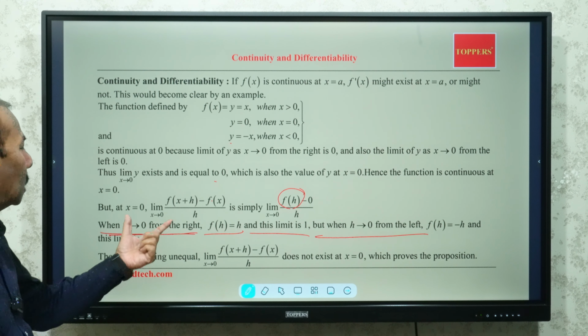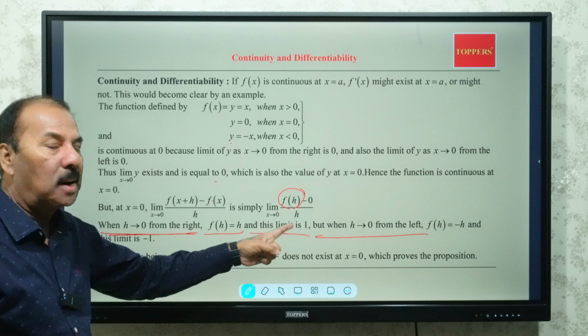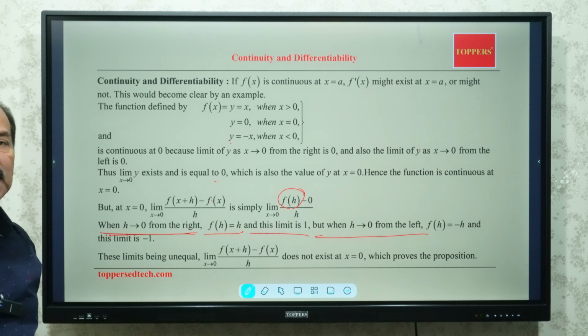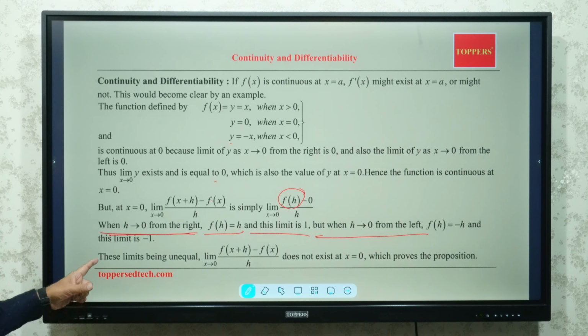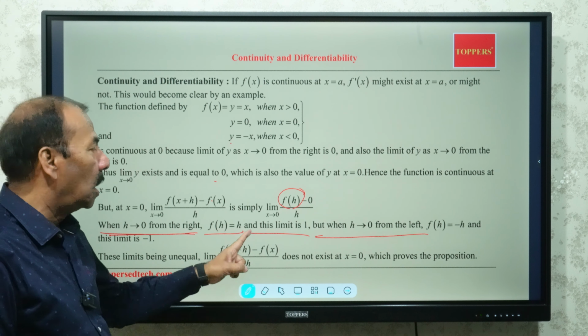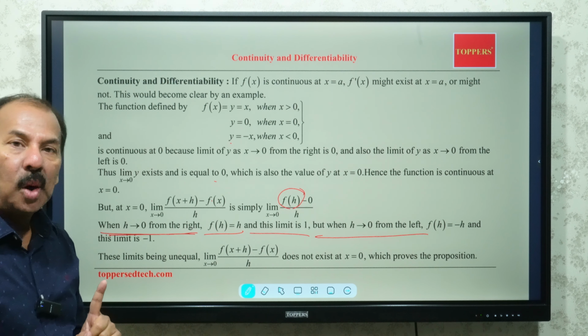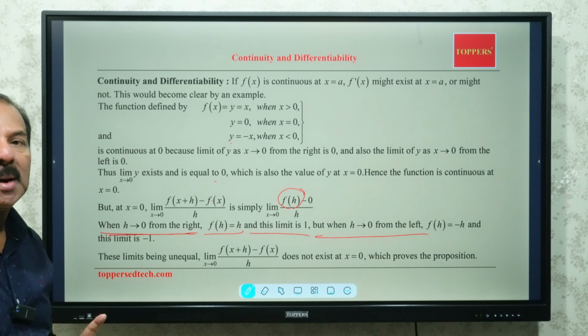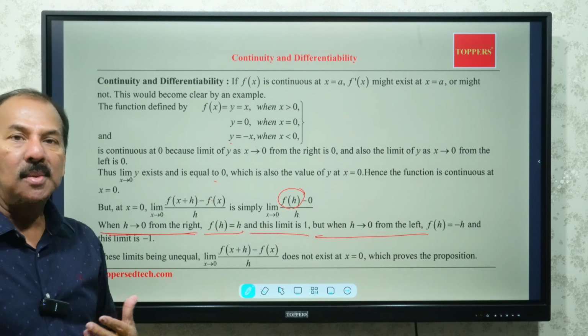So we can see that the right hand derivative is equal to 1, and the left hand derivative is equal to minus 1. That means the right hand derivative and the left hand derivative are not equal. And when they are not equal, it means the differentiation does not exist.